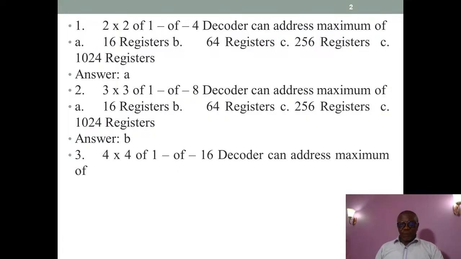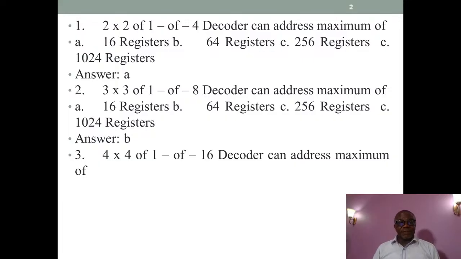We want you to understand it very well so that anytime you see decoders, even though we are going to do more work on our subsequent lectures on decoders, you will know what it will be. So 4 by 4 of 1 of 16. If you see 4 by 4, if you have 4 bits, you have a possible maximum of 16 combinations.